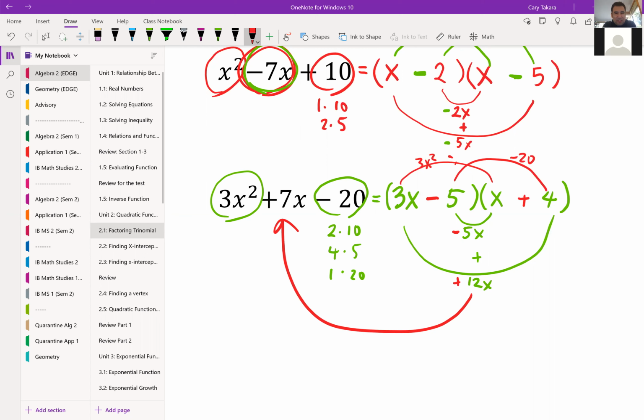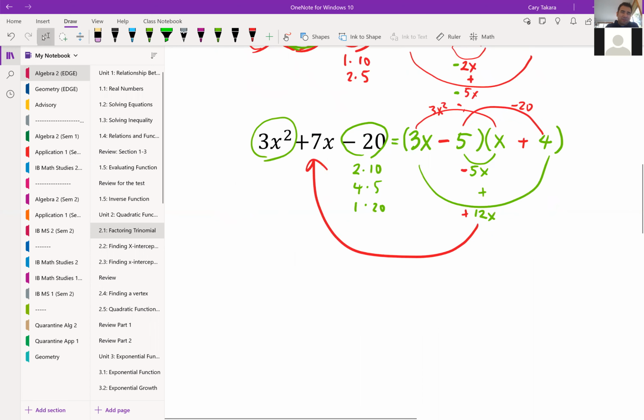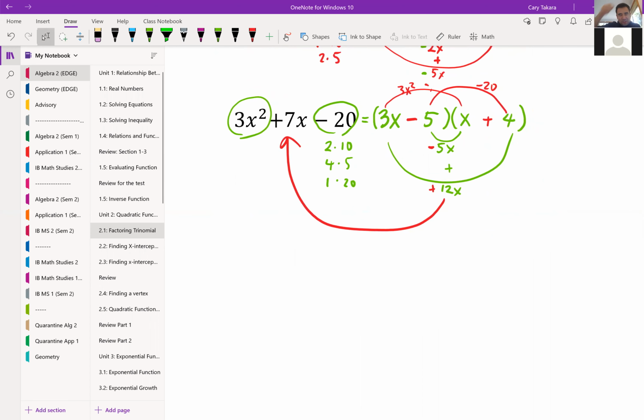Were you able to do that? How did it go? Now, let me remind you. I don't know if you guys remember. I have to look it up how to do the diamond method, but all I know is that if you are going to use the diamond method, you have to do 3 times negative 20. That's negative 60.